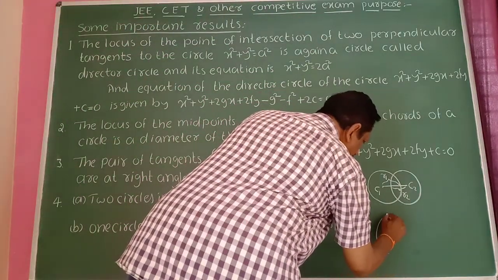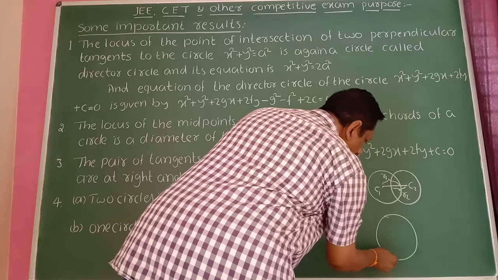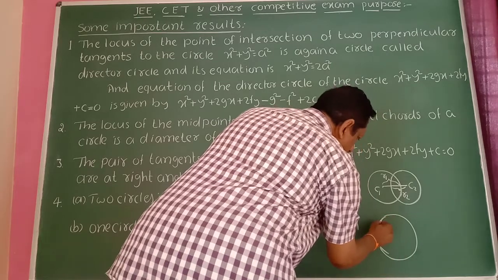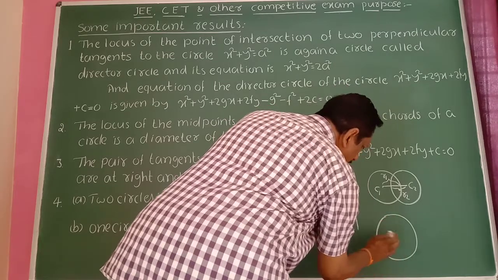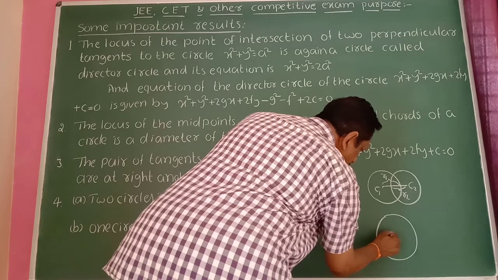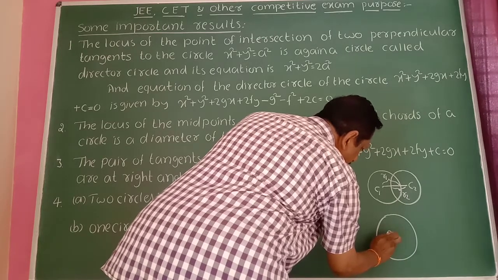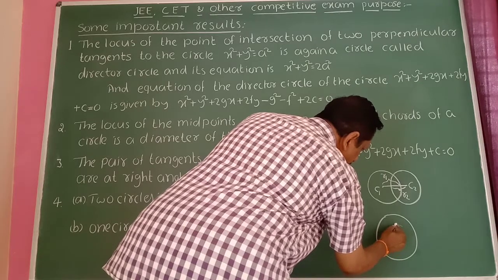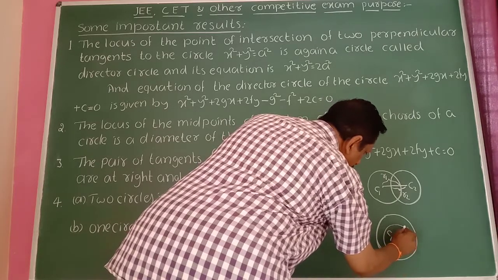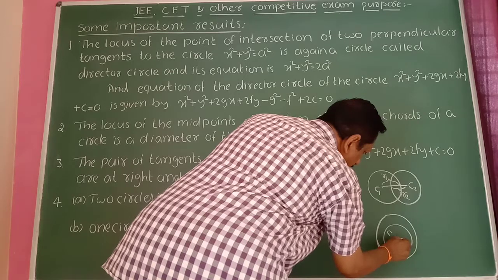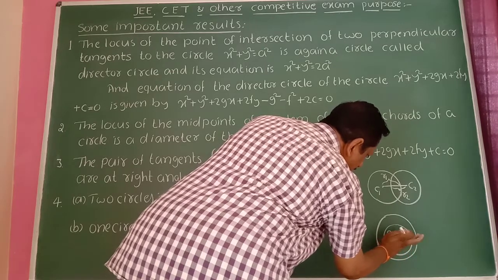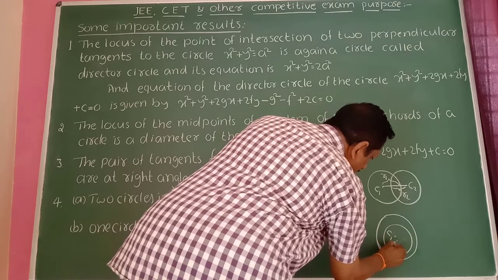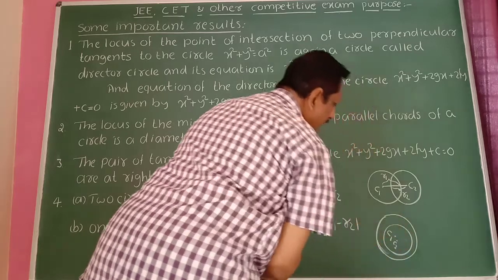Consider C1 is the center here, and one more circle here like this, and this is C2, the center of the second circle here.